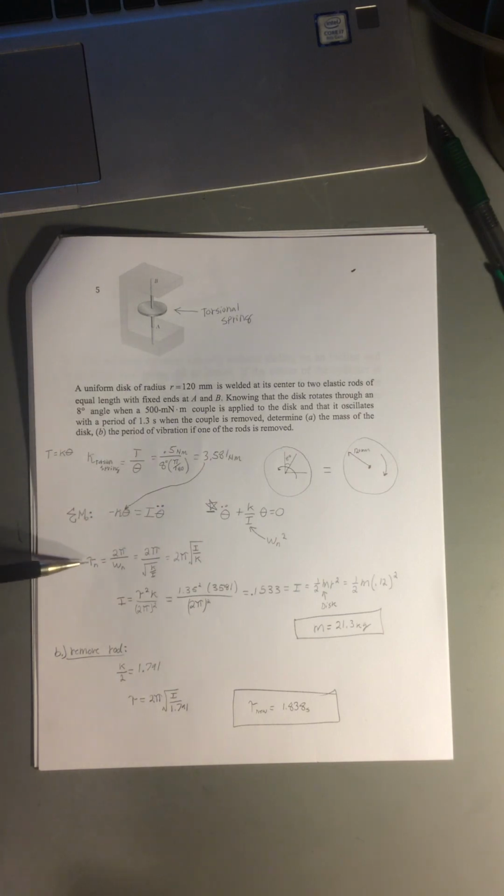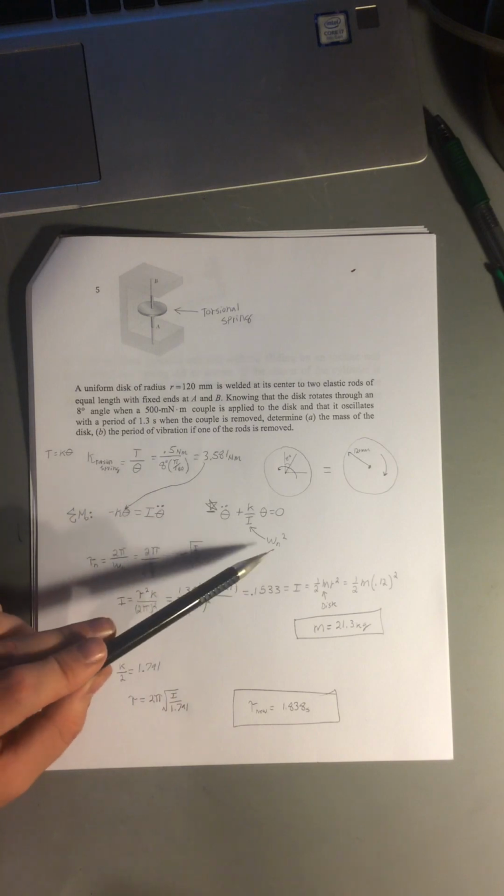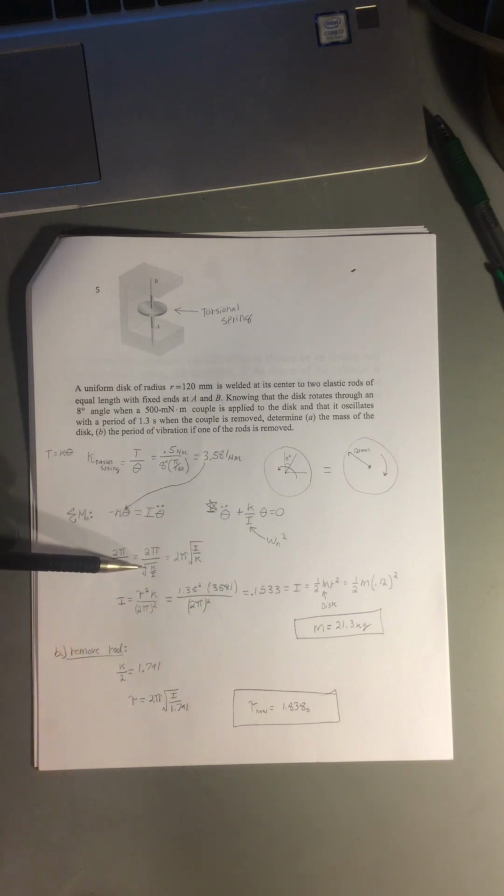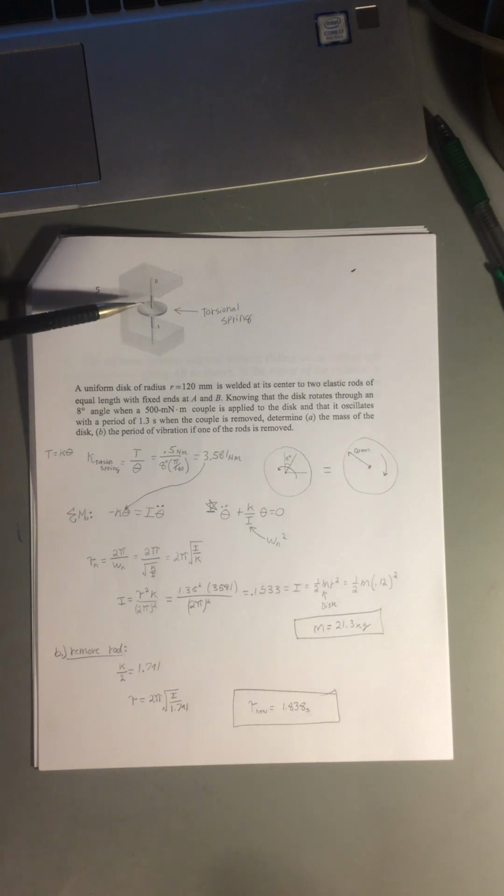plug that into our formula for the period, because we know that the period equals 2 pi over omega n, and we can replace omega n with the square root of k over I. Then we can flip this fraction here to bring that up into the numerator to remove the complex fraction. From there, we're after the mass of this disk here in the torsion spring.